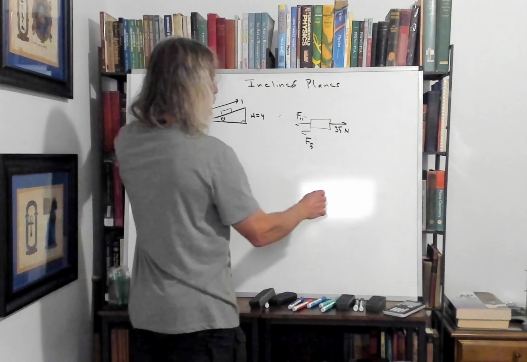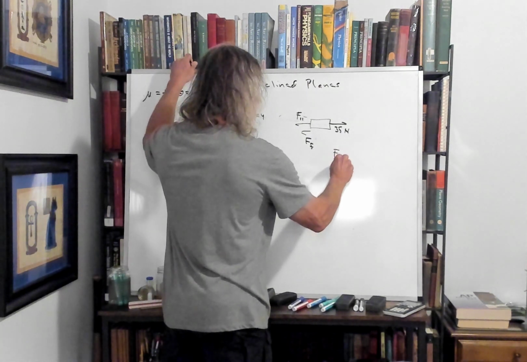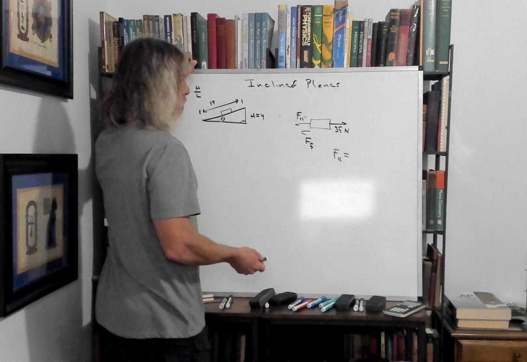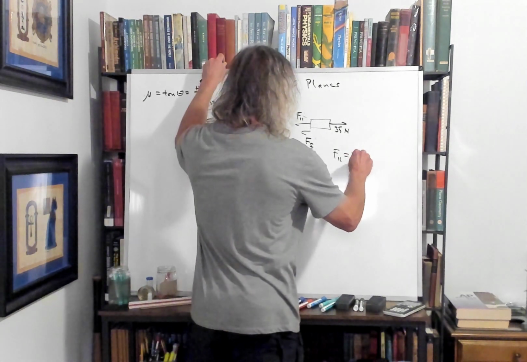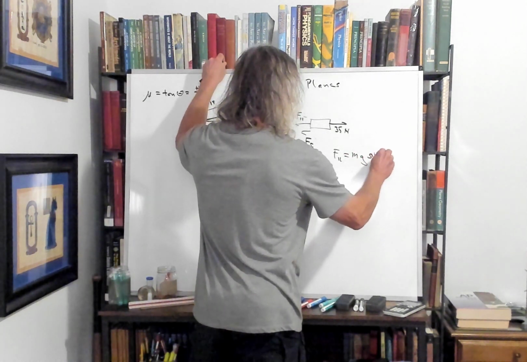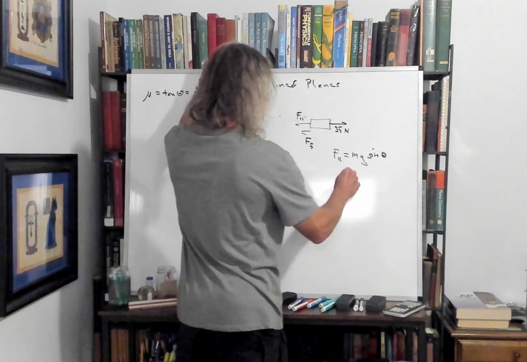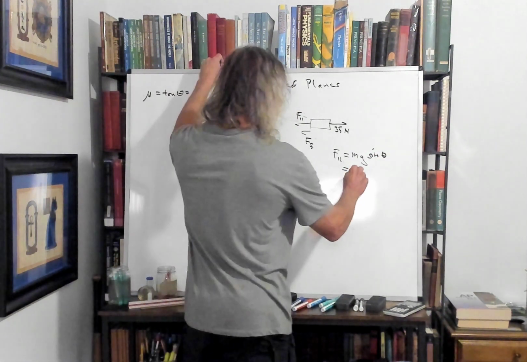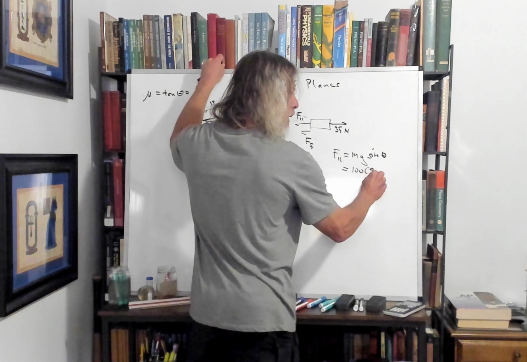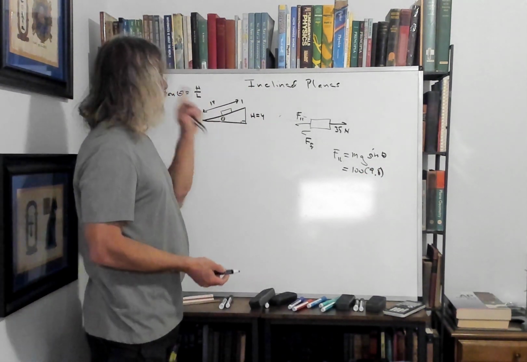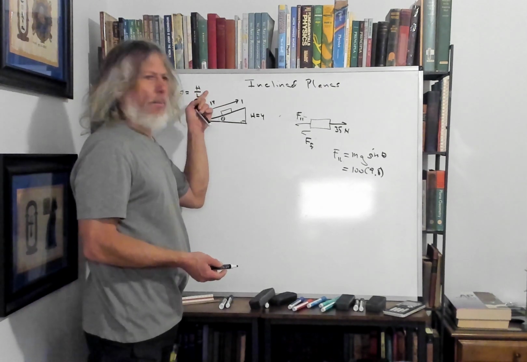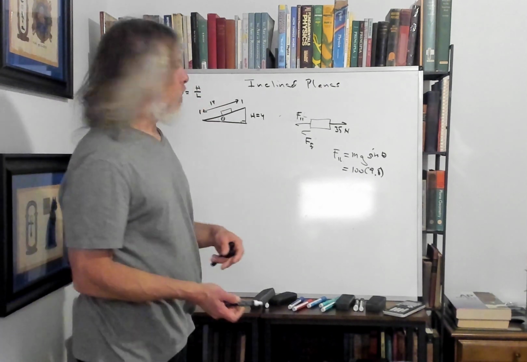Remember, the parallel component will be mg sine theta, and that's going to be 100 times 9.8, and sine theta is opposite over hypotenuse, so 4 over 14.